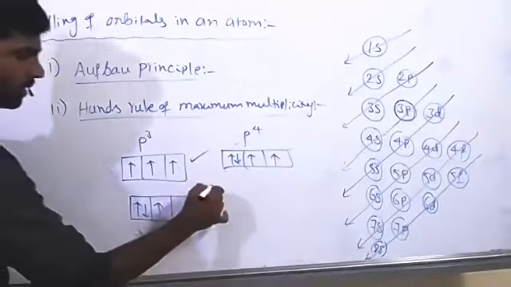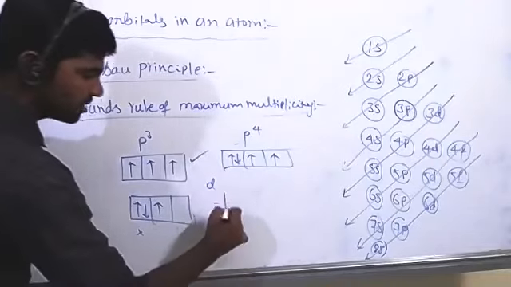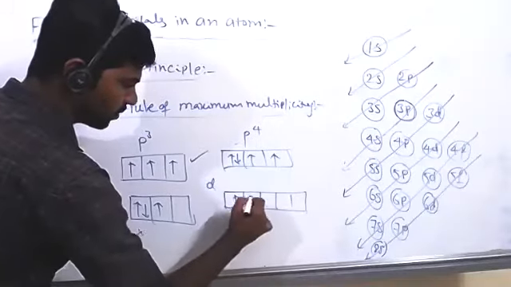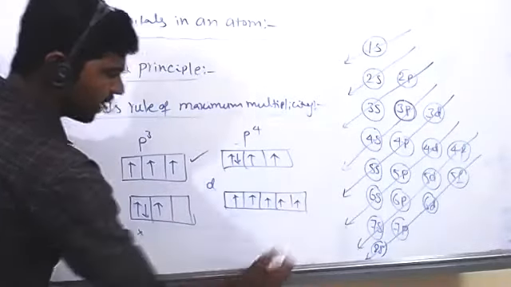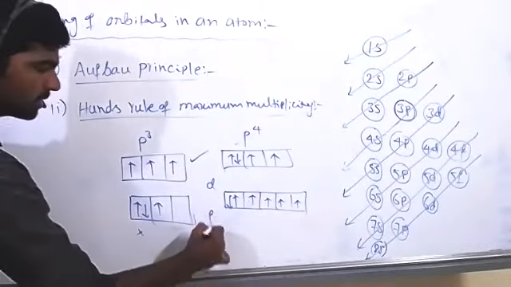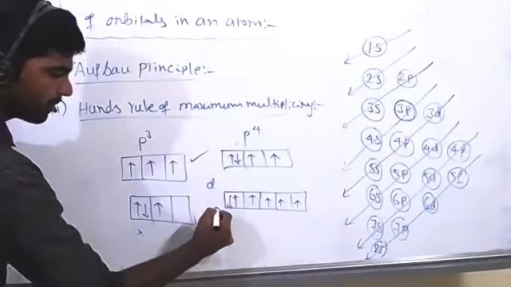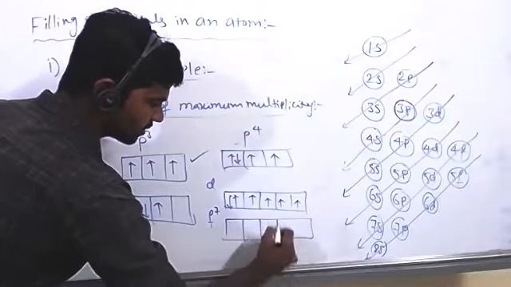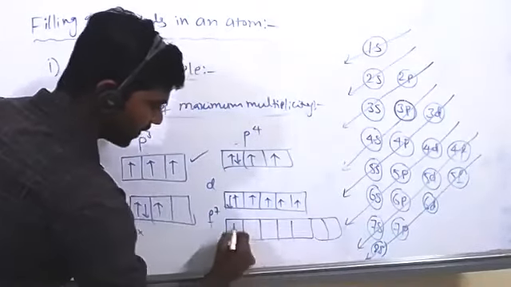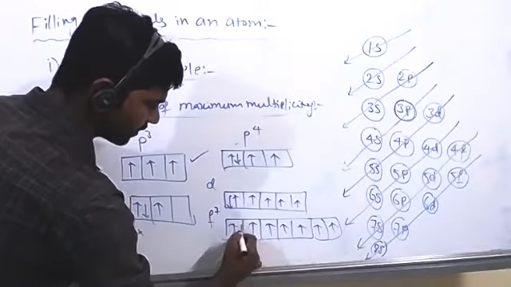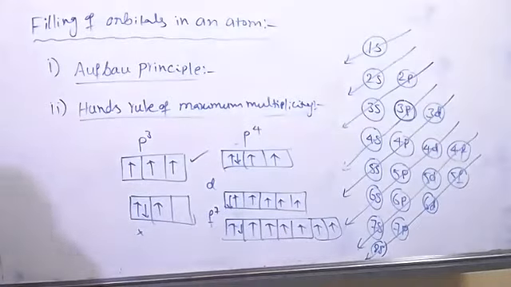In case of d orbitals, the first 5 electrons go into one orbital each, and the sixth electron only then undergoes pairing. In f orbitals, the first 7 electrons go for half filling of orbitals, then the 8th electron is involved in pairing. I think you know about Hund's rule, no need for much explanation about this.